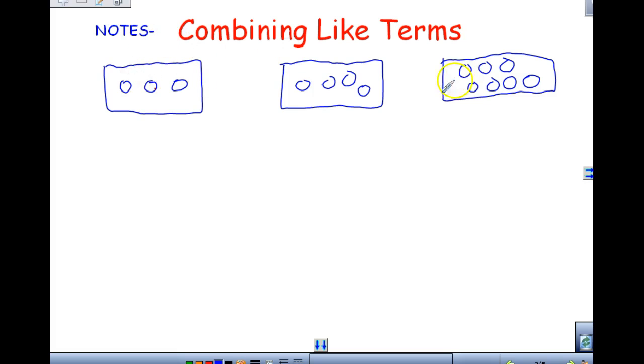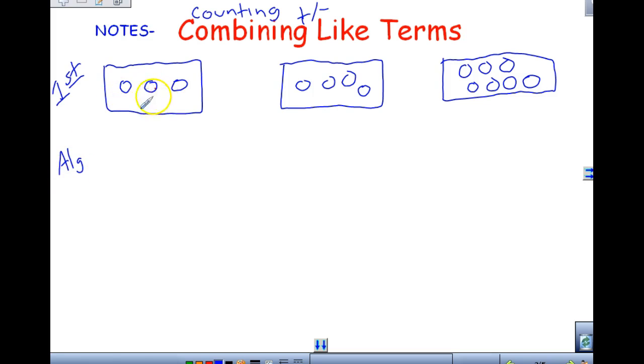Now, we don't quite do that anymore, but we actually kind of do. So, combining like terms actually means counting. That's what it means to combine like terms and count by adding and subtracting. Although, this is first grade, but when you get to algebra, you just do it a little bit different.